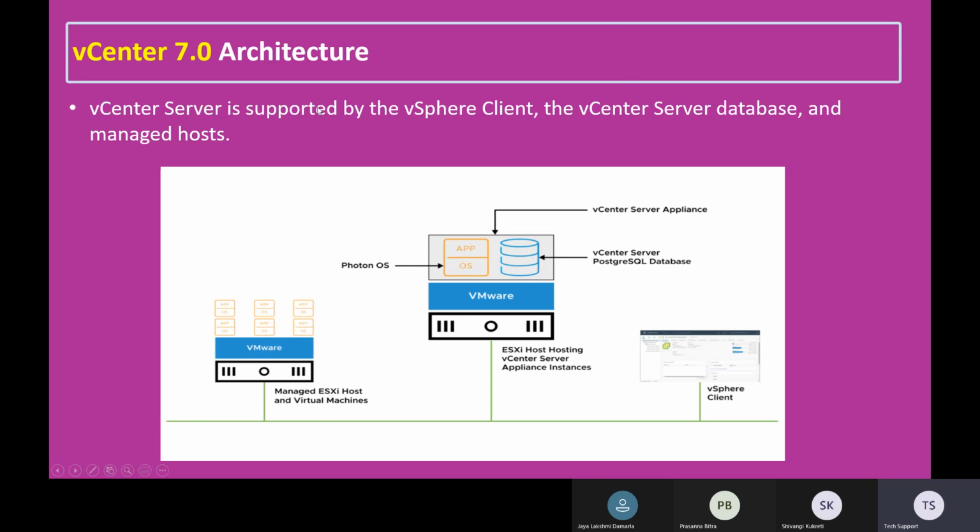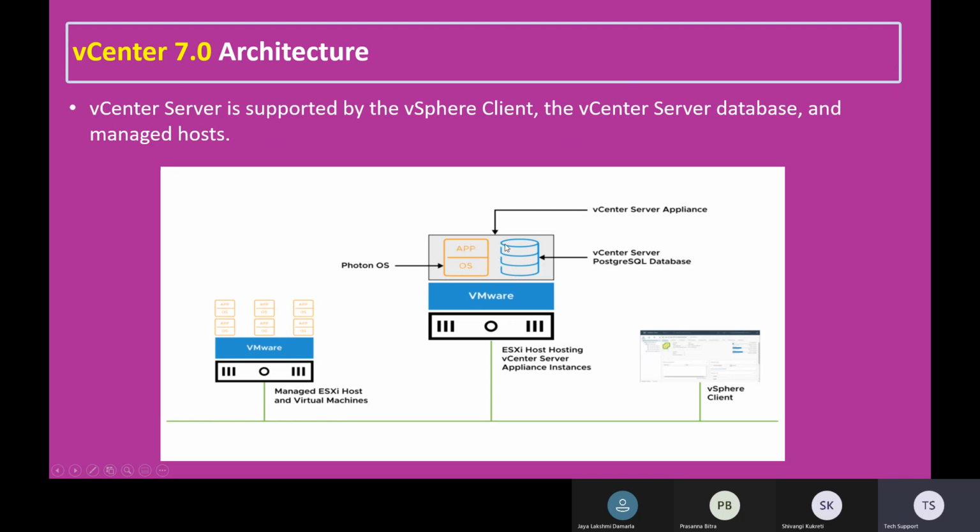The vCenter server database is also part of the vCenter server, and its name is PostgreSQL. And managed hosts. vCenter's main purpose is managing multiple hosts. In this diagram, if you notice, we have two ESXi hosts and each host has multiple virtual machines, and vCenter also runs on a virtual machine on one of the ESXi hosts.